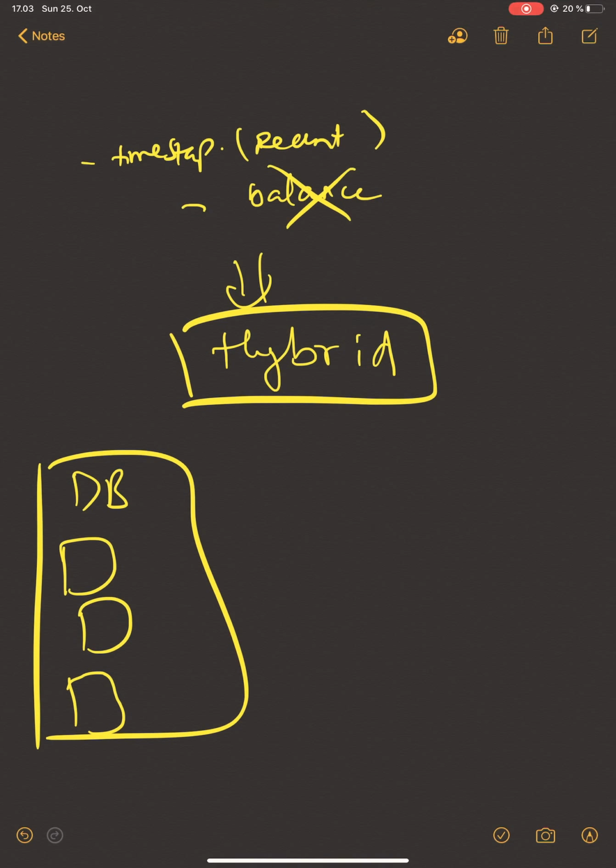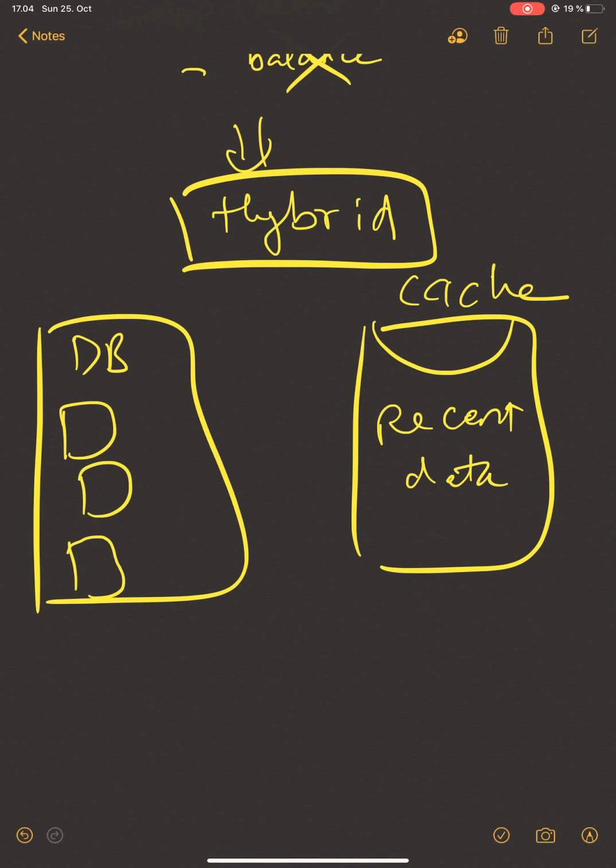By doing it both ways, we can leverage both benefits, right? And of course, for each shard we also have a replica, and for the different nodes of the cache we also have replicas as well, right? So that is a distributed solution for database storage.